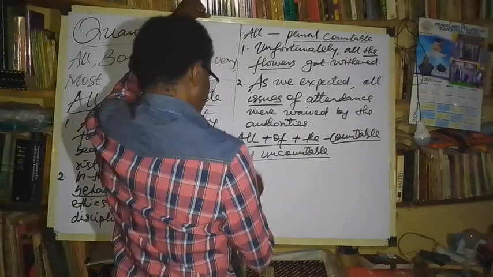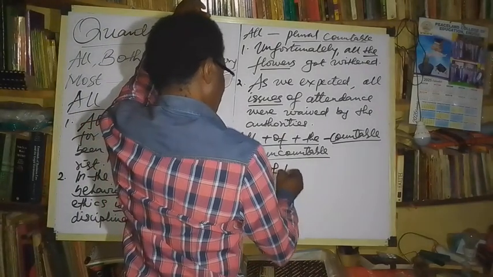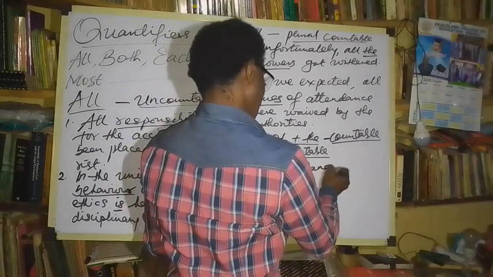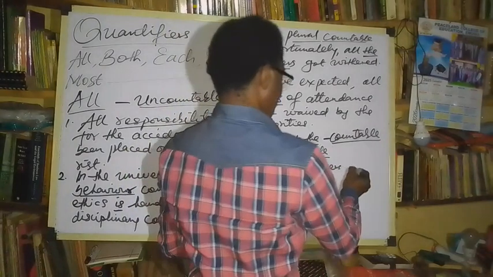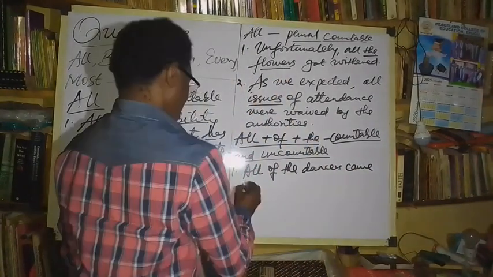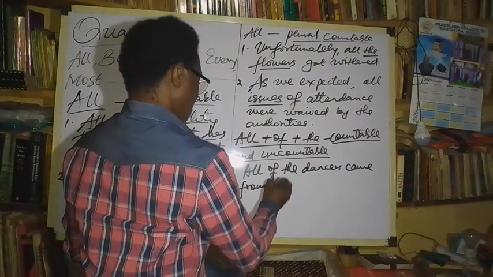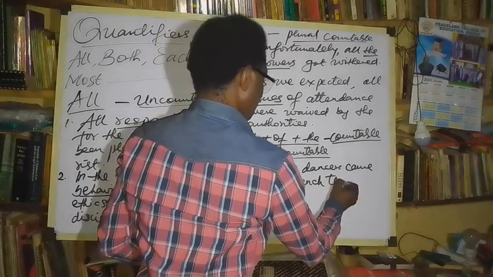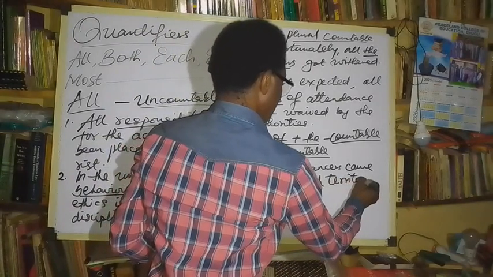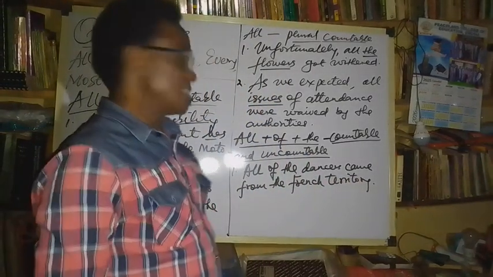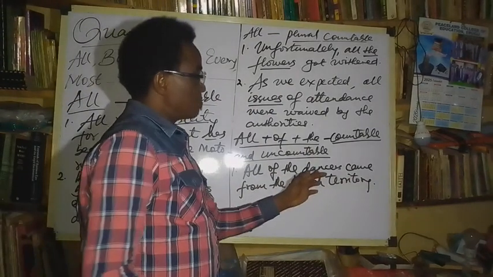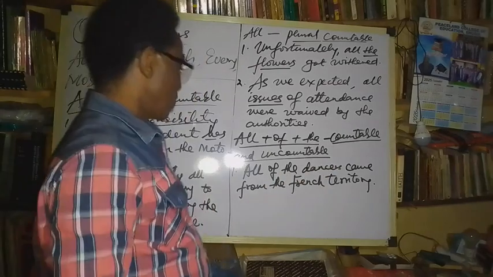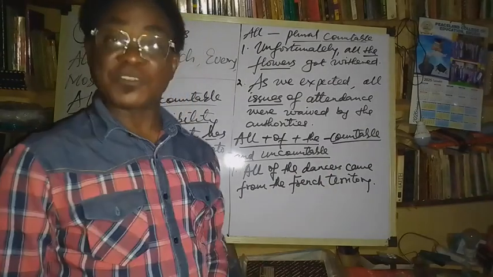Example, it says all of the dancers, that is all plus of and the, followed by a plural countable noun. All of the dancers came from the French territory.